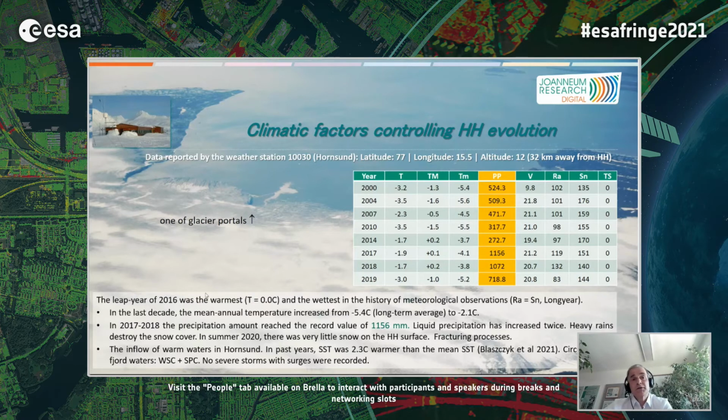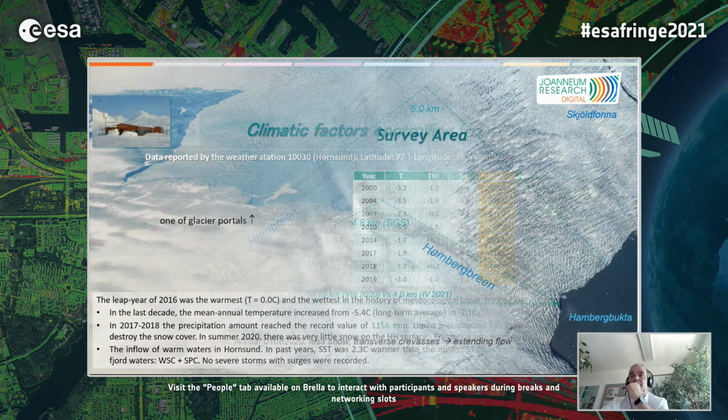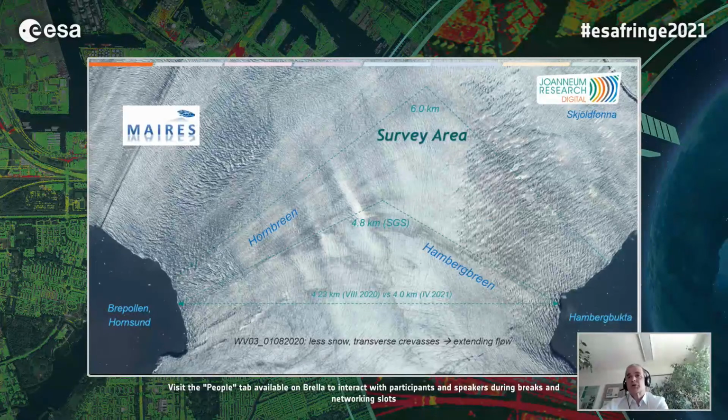Heavy rains in July and August destroyed the snow cover. And in summer 2020, there was very little snow on the HH surface, but many crevasses, as this high-resolution optical image shows.